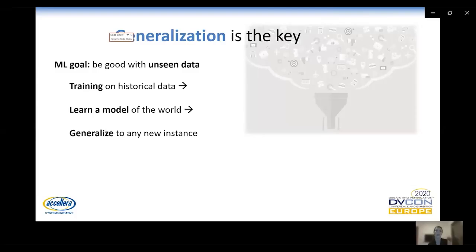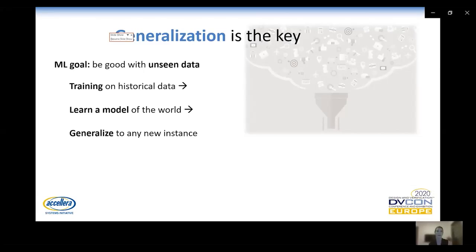When we're talking about the training phase, it can take between minutes and weeks. It really depends on the size of the data, how complex the algorithm is, and of course the computational power we have at our disposal.